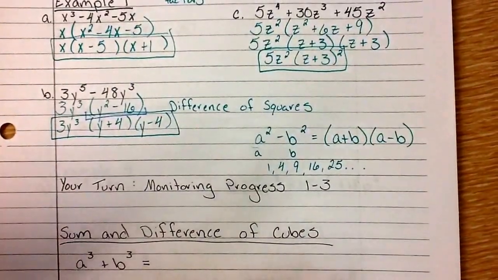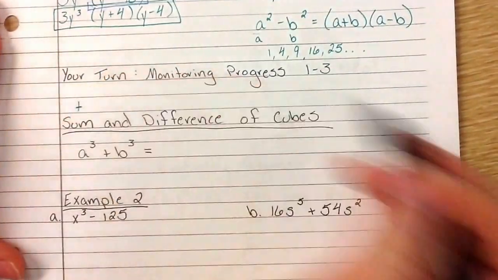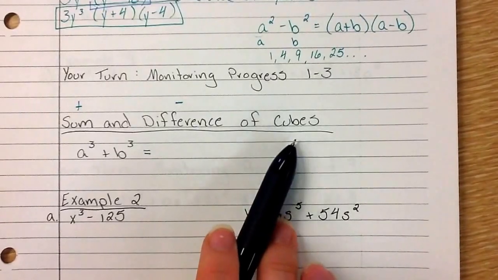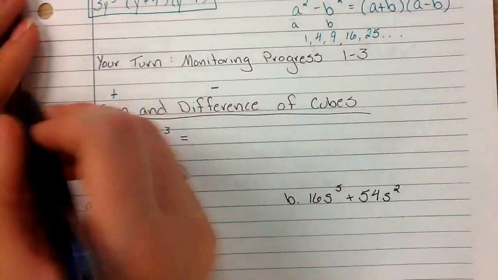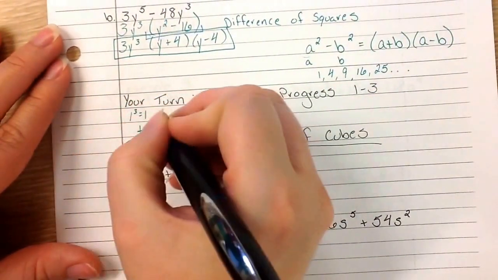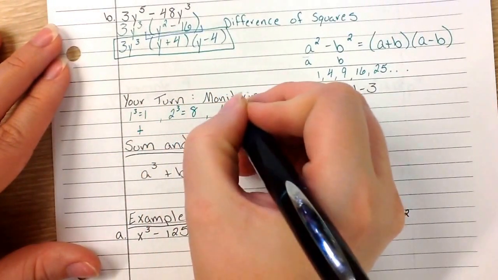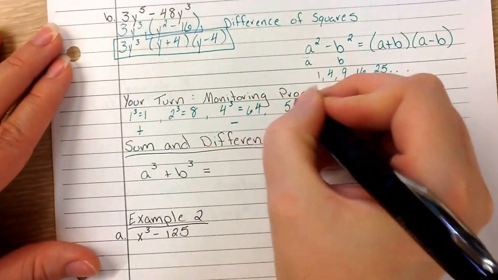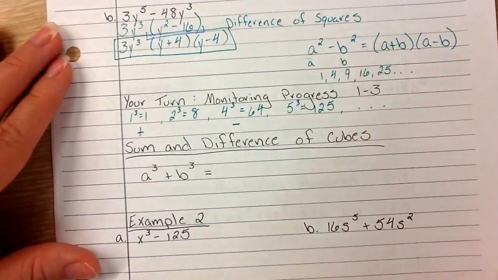Now we're going to extend that to talk about the sum and difference, the sum, remember that's addition, and the difference of cubes. Our cubes are numbers to the third power, like 1 cubed. Let's go ahead and list out our cubes up here. 1 cubed is 1, 2 cubed is 8, 4 cubed is 64, 5 cubed is 125, and so on.